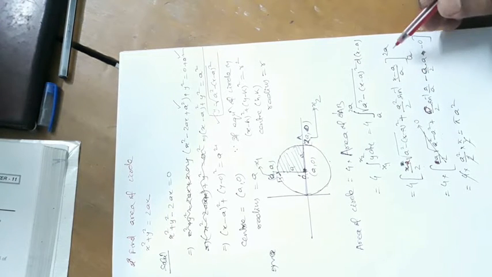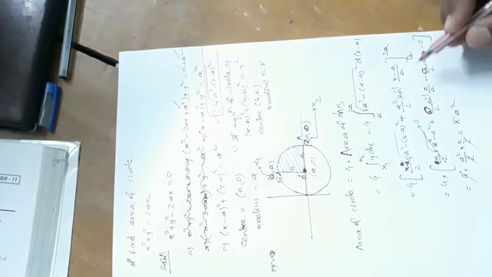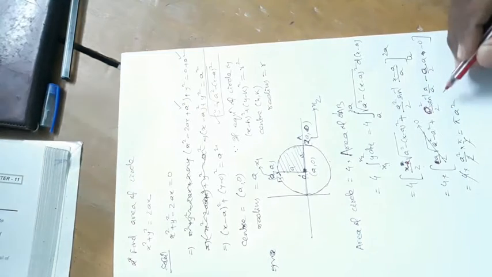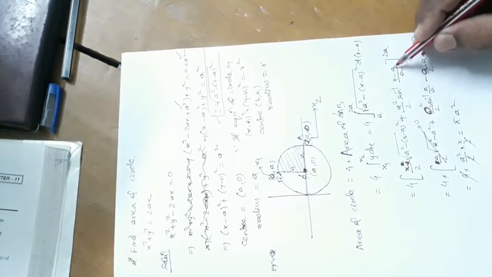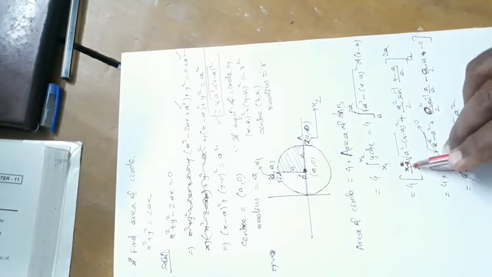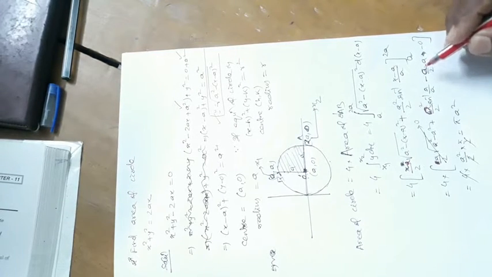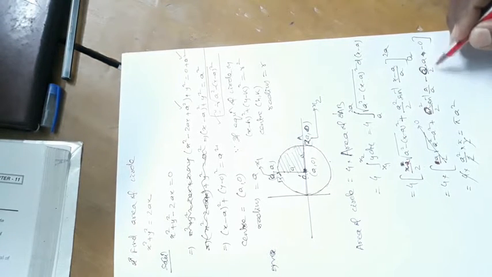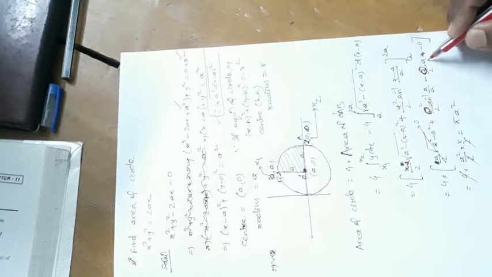sin⁻¹((2a − a)/a), that is a/a, minus. Put this a here: a minus a means 0, so it becomes 0 times something, that is 0 by 2 times √(a² − 0²), that is √(a²).